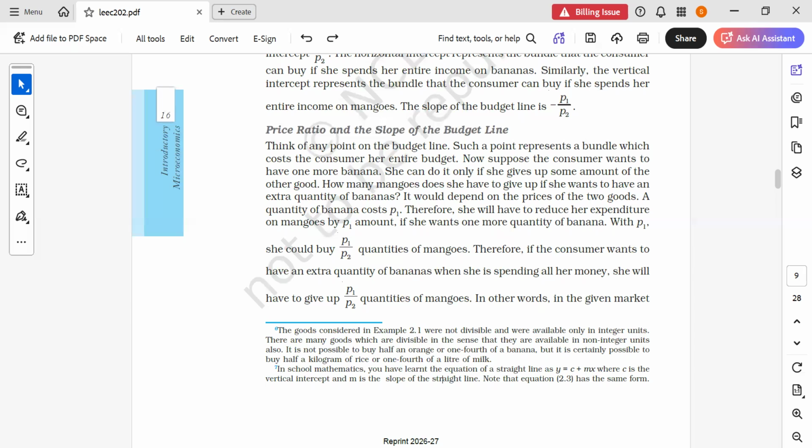So here the budget line has shifted. The horizontal intercept has shifted towards the right when the price of good 1 has decreased to 5. However, the vertical intercept will remain the same. Okay. Clear?